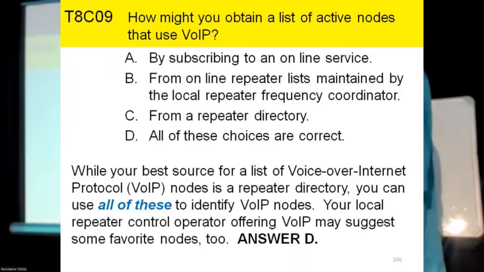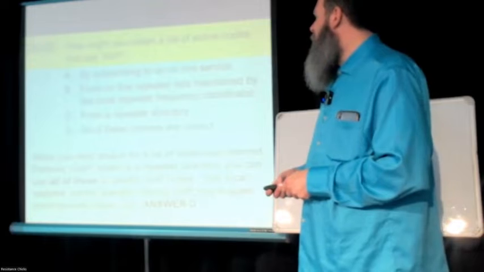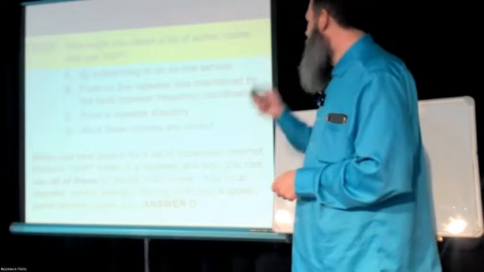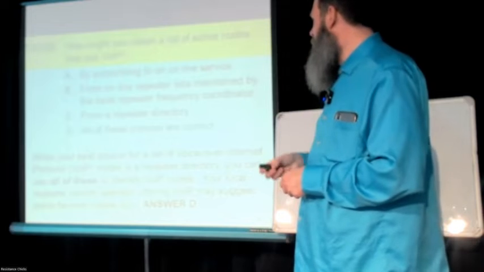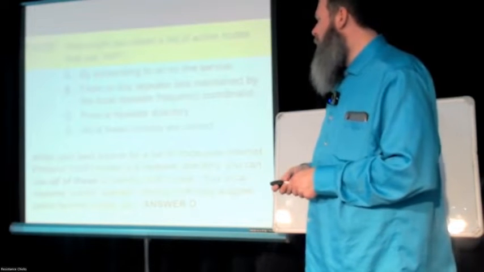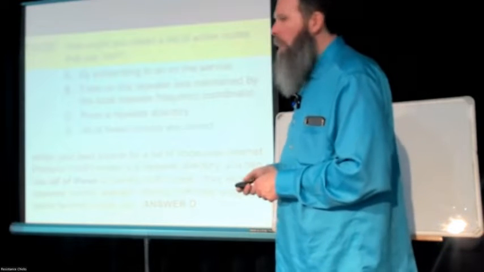How might you obtain a list of active nodes that use voice over IP? Well, all the above are correct. You can subscribe to an online service, get it from online repeater lists that are maintained by local repeater frequency coordinators, or from a repeater directory.